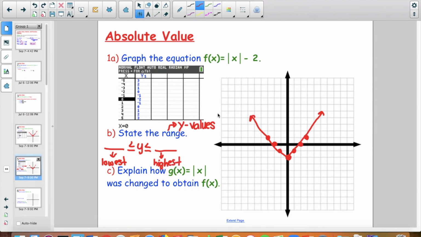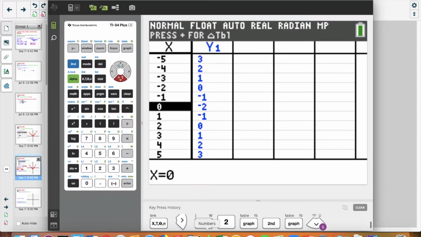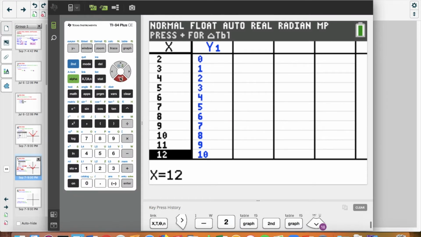So if we look at our graph here, our lowest point is at the vertex. That's our minimum value. And on the y-axis, that is at negative 2. So negative 2 is our lowest point. Looking at our highest point though, we have arrows. If we were to look at our table and keep going up and up and up, those values are not going to stop.